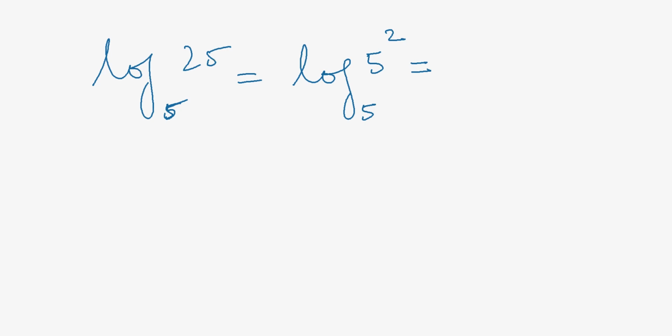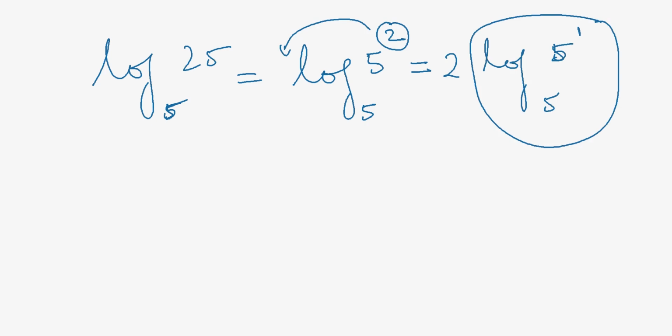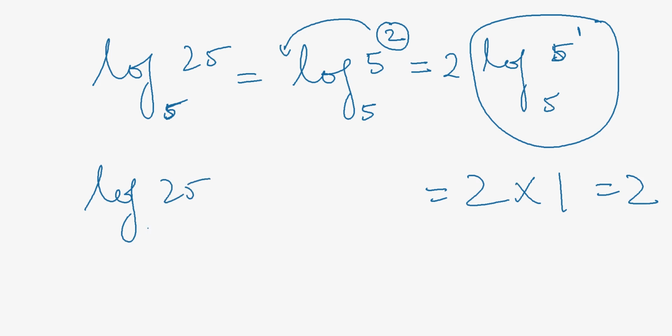Once we get this, we know the answer is 2. But better to write this 2 at the front: 2 multiplied by log 5 to the base 5, because now the power is 1. So we know that this whole quantity is equal to 1. So this becomes 2 multiplied by 1. The answer is 2. Straight away you got the answer, that is equal to 2.